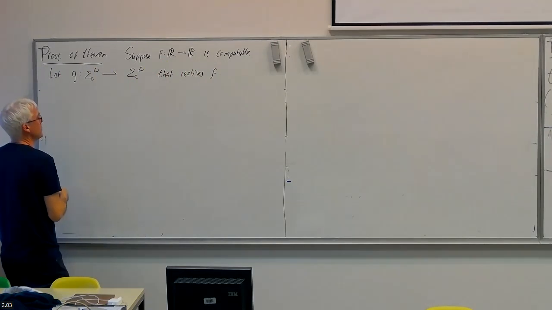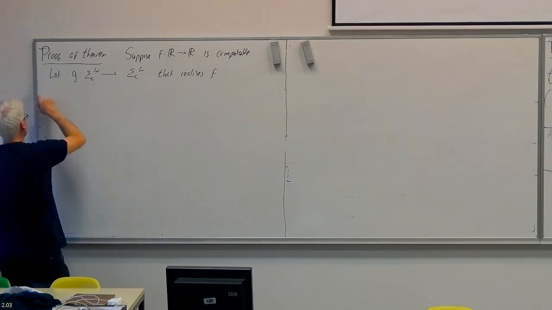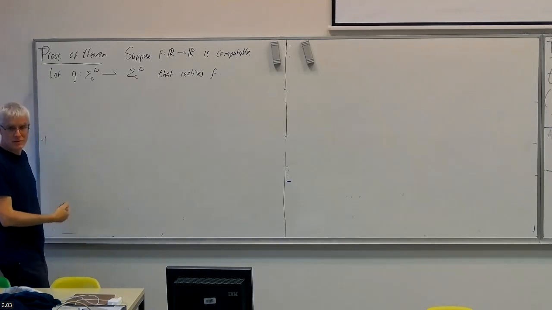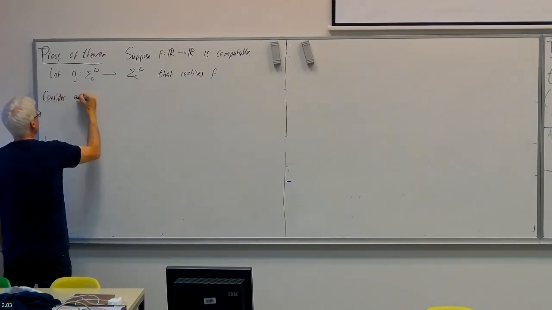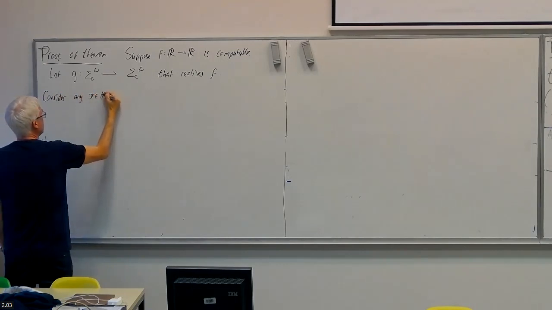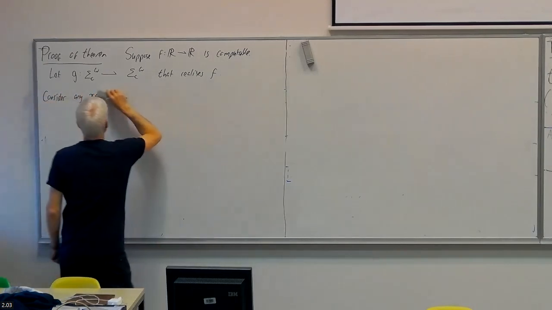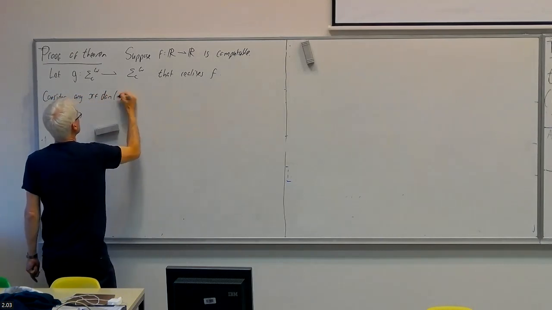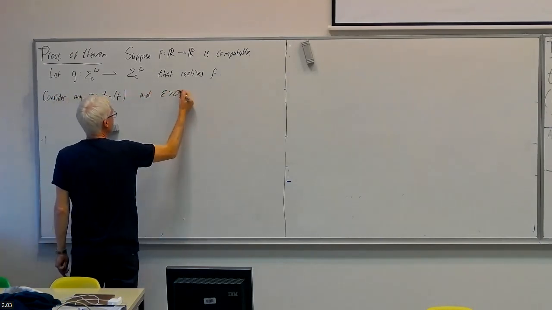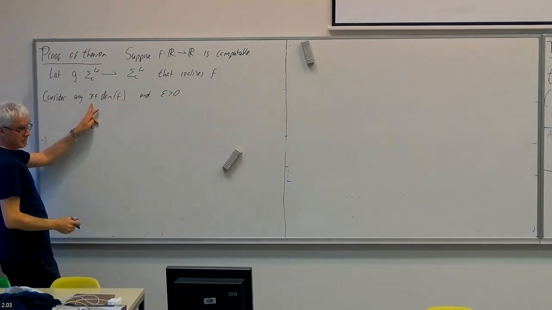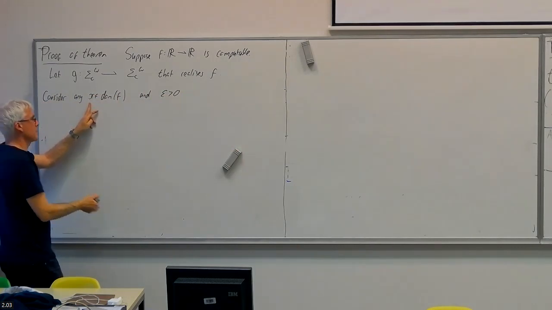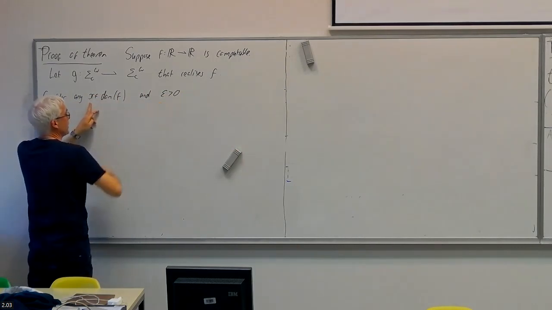We want to show that f is continuous. So to show f is continuous, we're going to do the usual thing from analysis. Take any x belonging to R, belonging to the domain of f, and an epsilon greater than 0, and we want to find a delta around x such that f applied to anything within delta of x lands within epsilon of f of x.